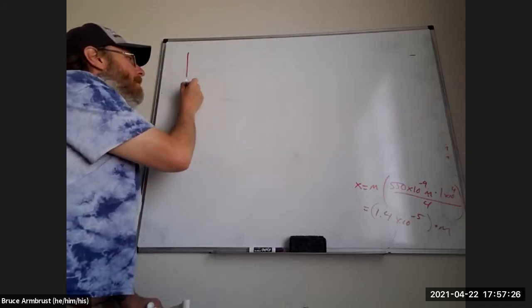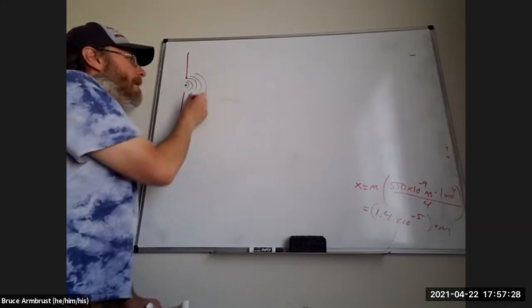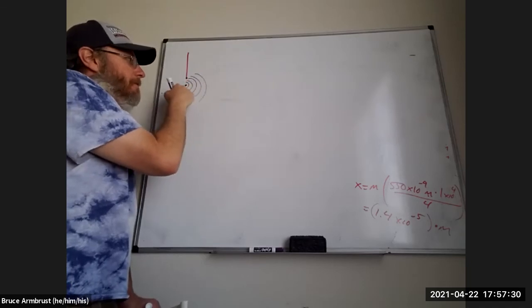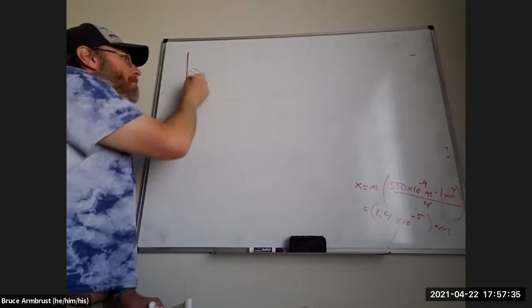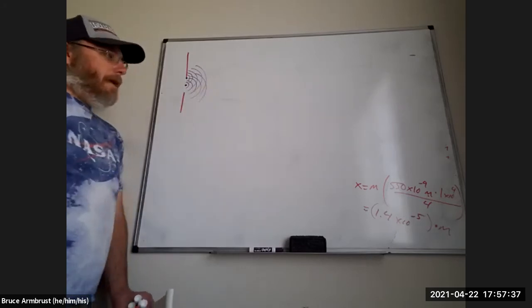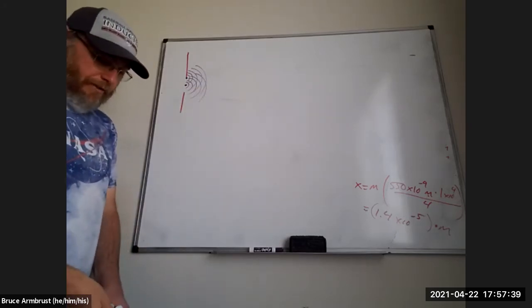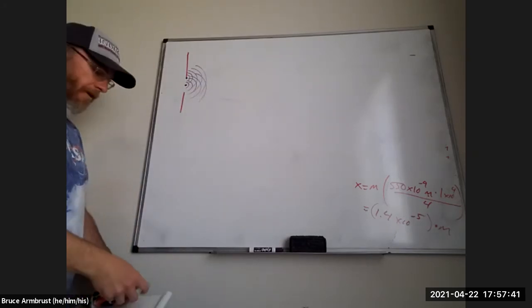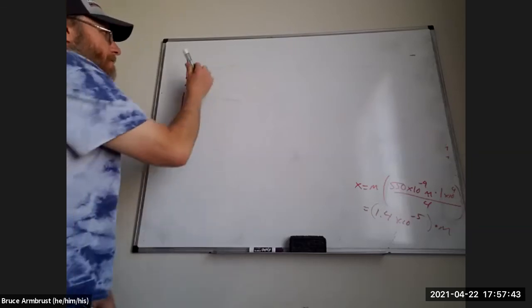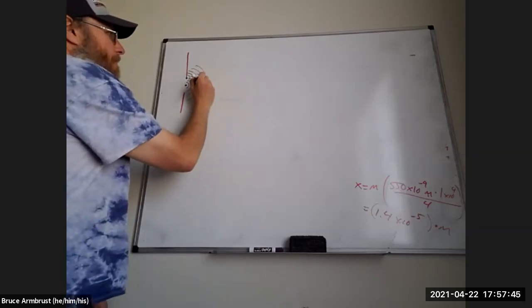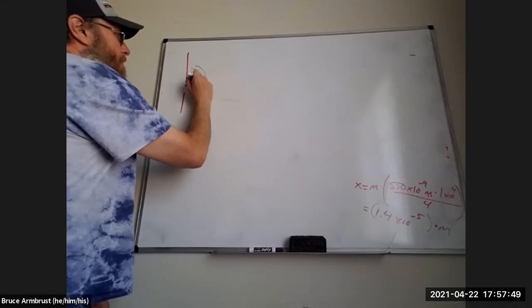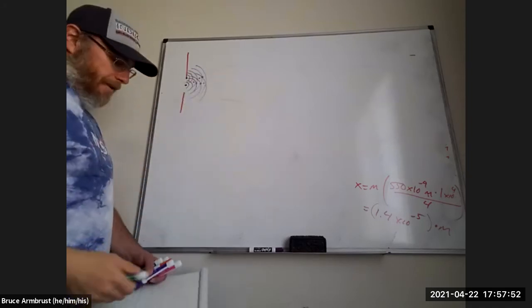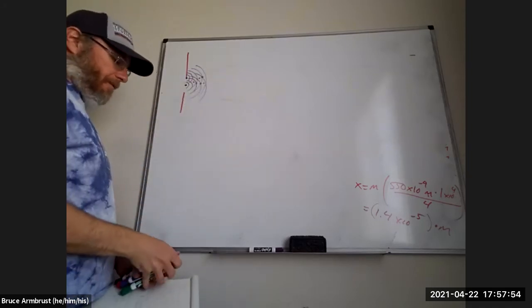They're going to do what they do, right? They're going to send out semicircles, coming from the one in the middle, and then the one up top is going to do the same thing. And we recognize that there are places of constructive interference, and there are places of destructive interference.